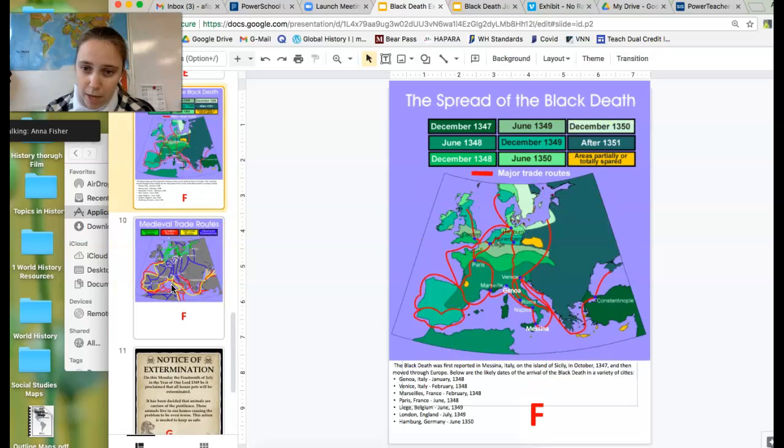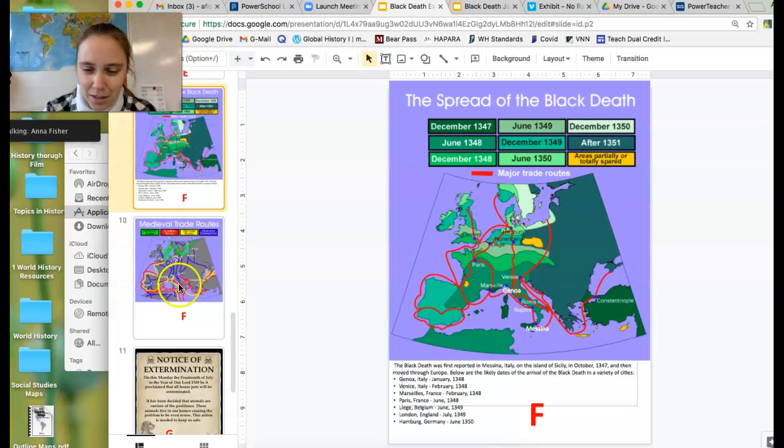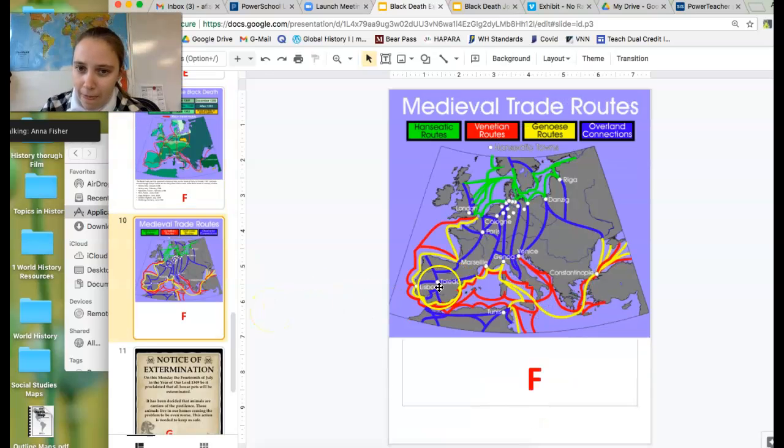Just bouncing back and forth, you might notice a few things, right? They look kind of similar. You have trade by sea, or the spread by sea routes. And then you switch down here, and that's a major trade route.